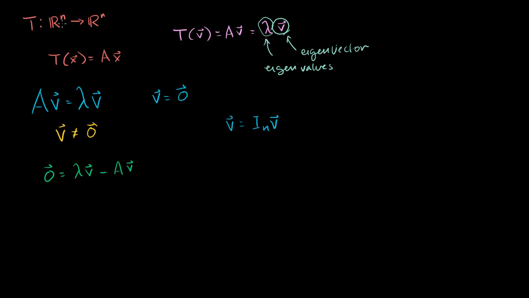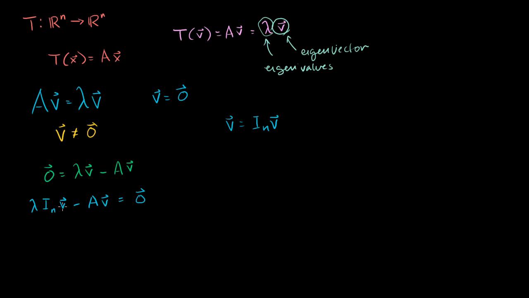Right? v is a member of Rn. The identity matrix n by n, you just multiply, we're just going to get v again. So if I rewrite v this way, at least on this part of the expression, and let me swap sides. So then I'll get lambda times, instead of v, I'll write the n by n identity matrix times v minus A times v is equal to the 0 vector.